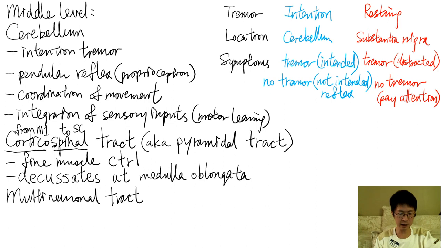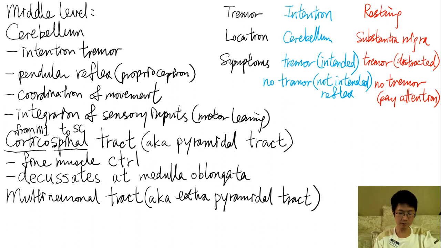If you learn neuroanatomy, you know that they have all kinds of names. It's called the extrapyramidal tract.